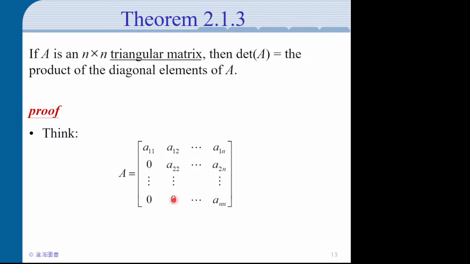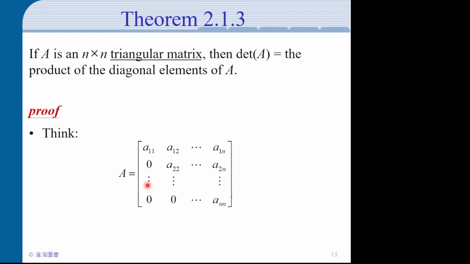Anyway, this can be done by the thing we just said. I guess you can do induction, but it's kind of obvious. And we can just pick the row or column with the most 0s to expand.